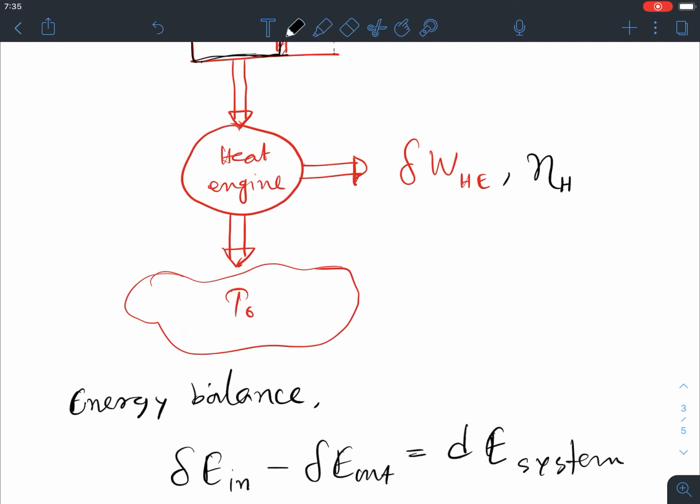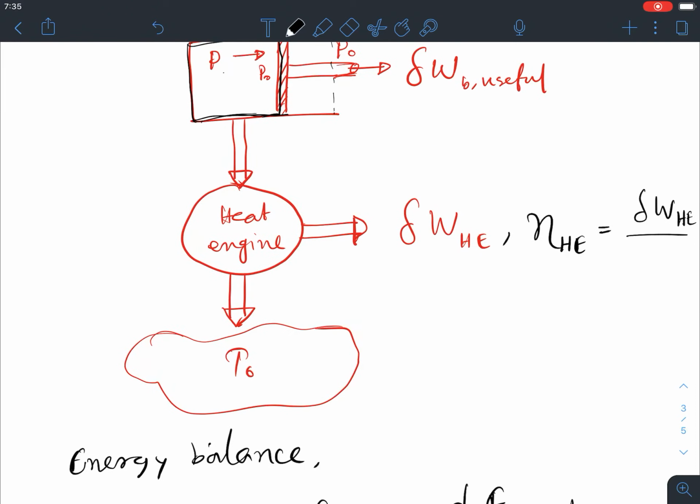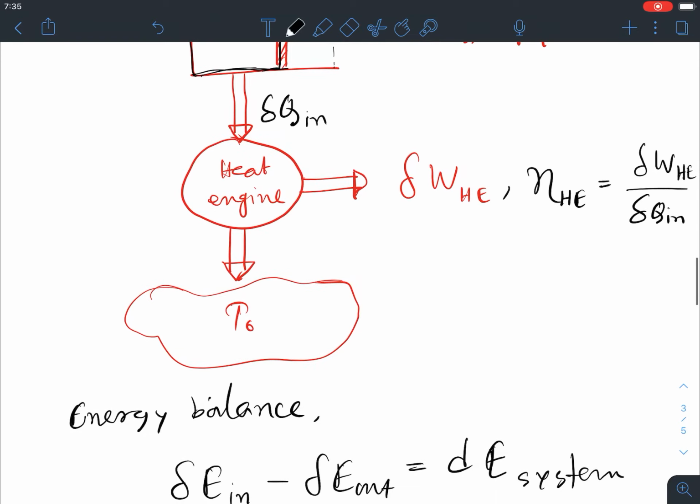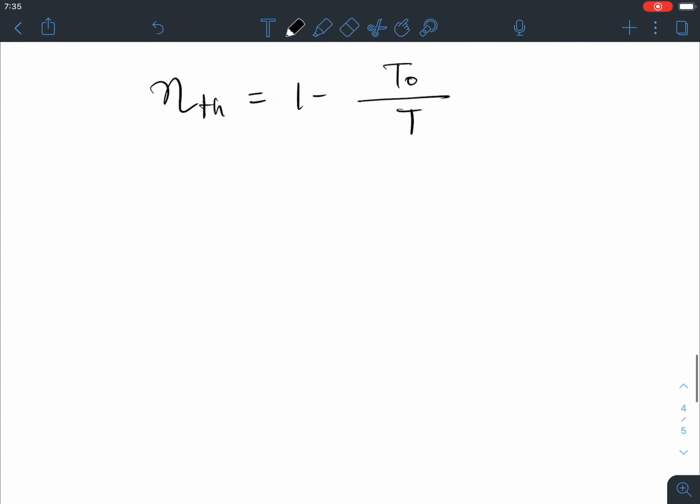The efficiency is the work done, or let me write it here. Efficiency of the heat engine equals delta W divided by delta Q in, right? So that's the efficiency equation.